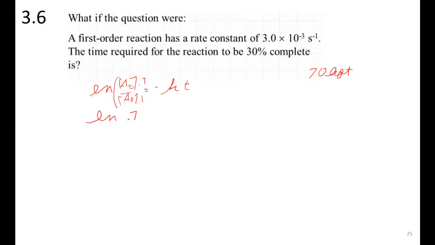The ratio of my concentrations is equal to minus KT. I know what the natural log of 0.7 is. It's minus 0.3566. And if I put that over my K, which is minus 3 times 10 to the minus 3, I get a time of 119 seconds.